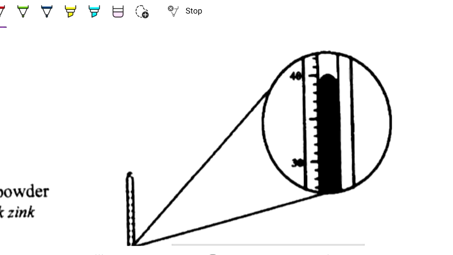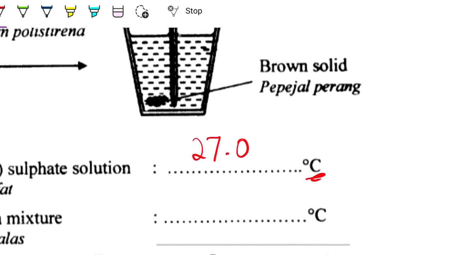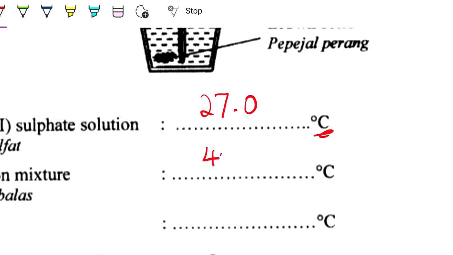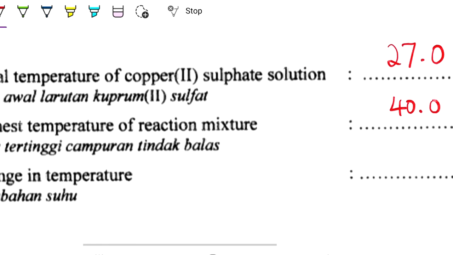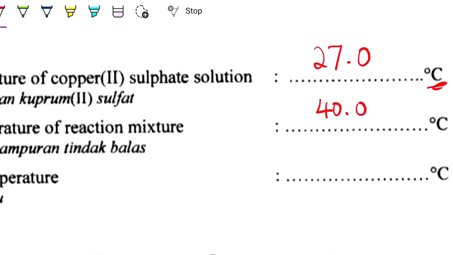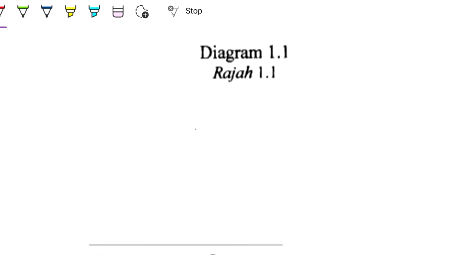The highest temperature is 40.0 degrees Celsius. Then the change in temperature, 40 minus 27, is 13.0.